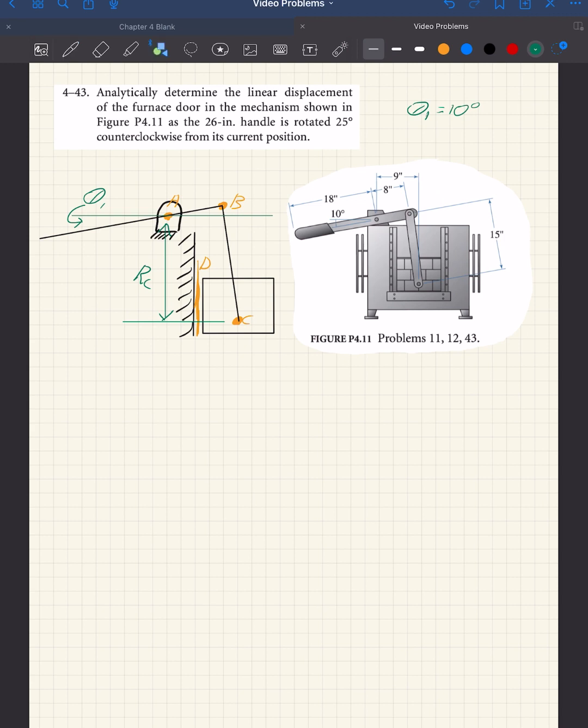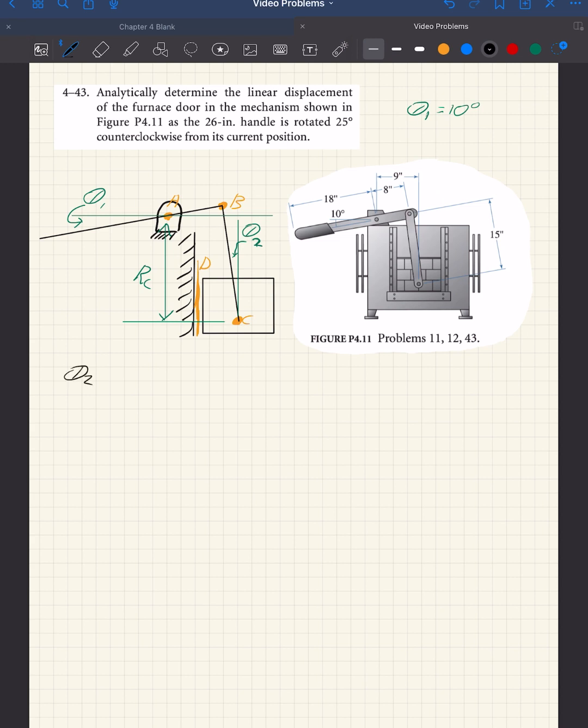So if we draw a vertical off of it, then we can call the angle it makes theta 2. If we look at the figure, it gives us this distance between pin A and pin C in the horizontal being 9 inches. So that's something we can work with. So let's look at trying to solve for theta 2.